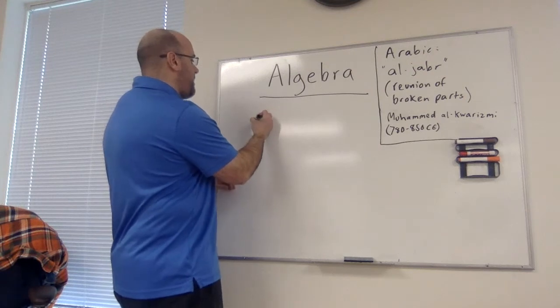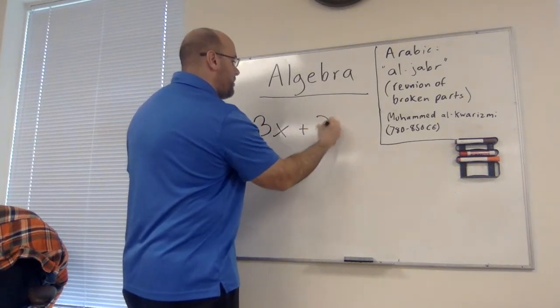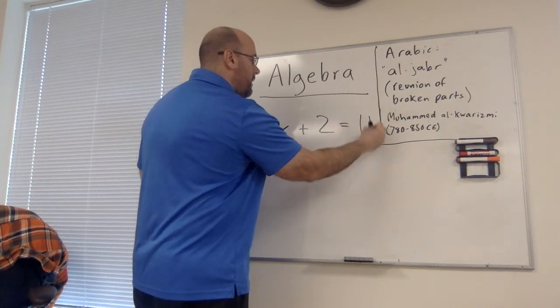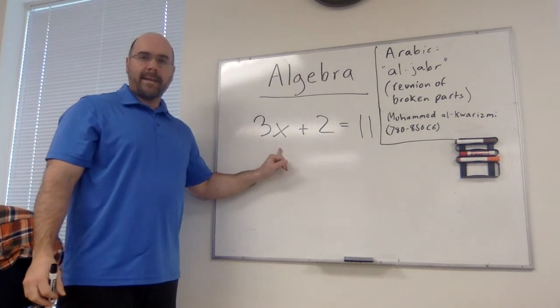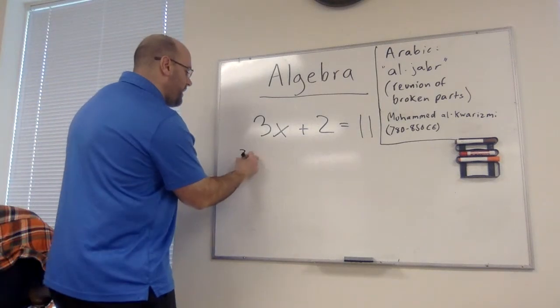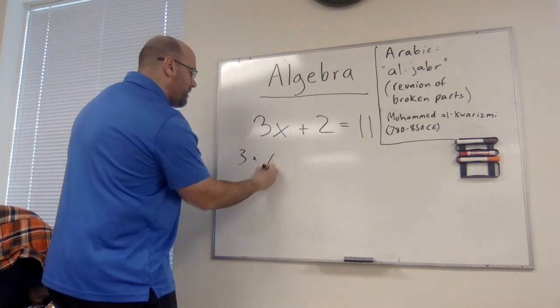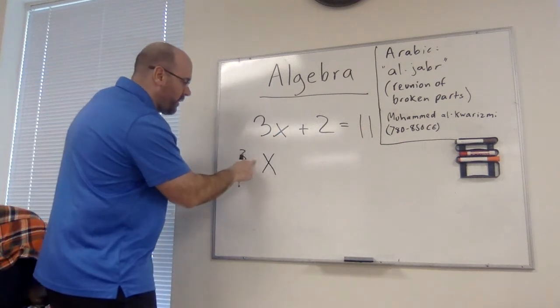Let's say I have 3x plus 2 equals 11. Okay, so 3x here, when you see 3 next to x, you have to think 3 times x. And oftentimes in math, you guys really can't see that very well.